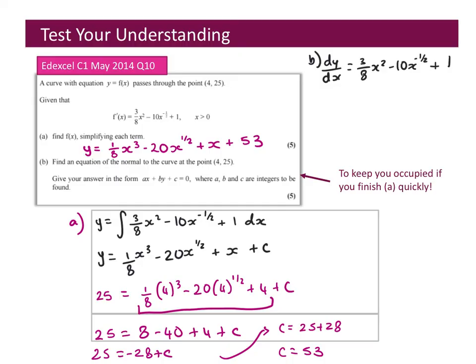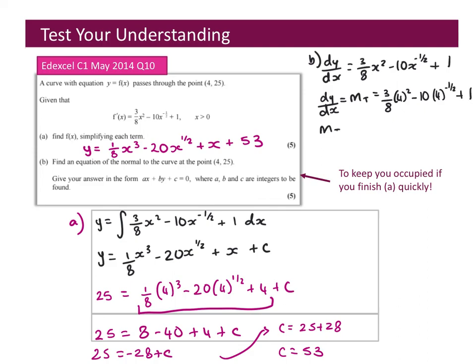It wants it at the point (4, 25), so my gradient when x equals 4. So remember, this gives us the gradient of the tangent when I substitute in. I'm going to get 3 over 8 lots of 4 squared minus 10 lots of 4 to the minus a half plus 1.